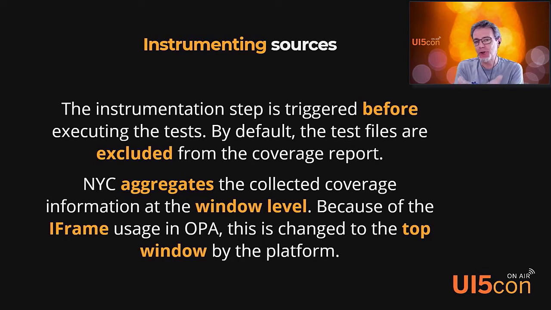So in order to solve that problem, because this coverage information was lost, I modified a little bit the instrumented code coverage sources in order to change the scope of this coverage consolidation to put it at the top window instead of just the window, so that even once the journey shut down the application, I still have my coverage information within the window that executes the OPA test.